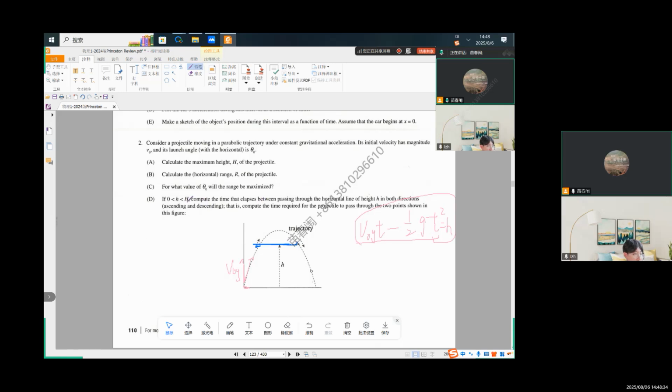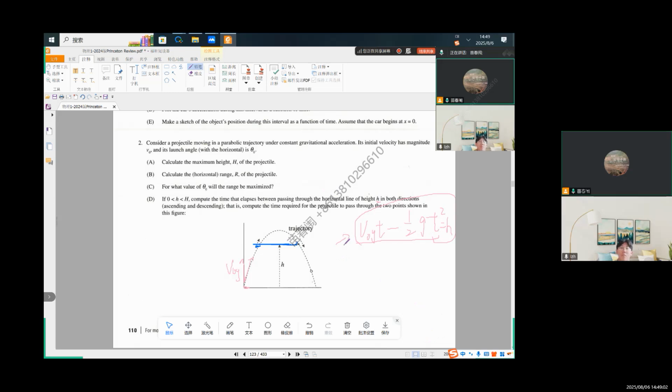Let's take a look at that. They say h is in here. Compute the time. See that 0. I guess I have to use it anyway. What's your v0y here?